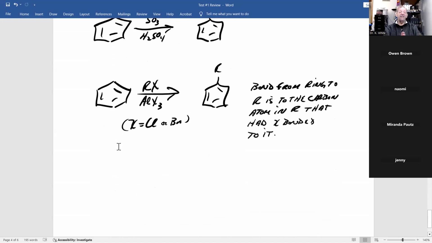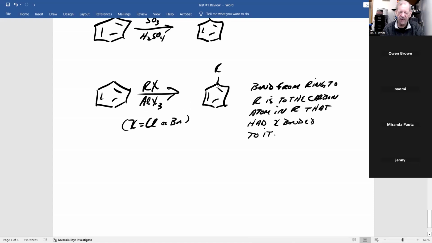But the final one is Friedel-Crafts alkylation. We honor the 2 great organic chemists, Friedel and Crafts, who discovered this. If you start with a benzene ring and react it with an alkyl halide, RX, and remember, R is anything with just carbon and hydrogens, and one of the carbons has a halogen, and you need aluminum trihalide, where X is chlorine or bromine, you make that very special, very rare thing, a carbon-carbon single bond.